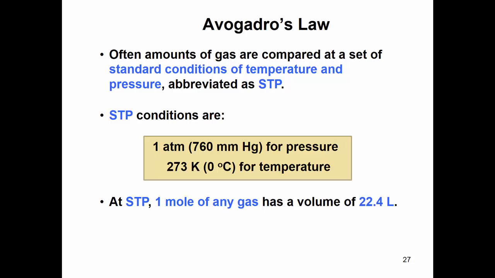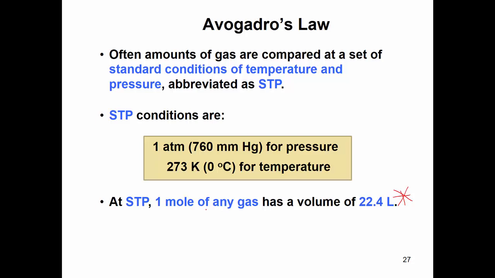If it is at STP, 1 atm and 273 K, then 1 mole of any gas, so it doesn't matter what that gas is, has a volume of 22.4 liters. This is very unique, because we have not been able to say anything about a common relationship for solids or liquids that looks like this to relate moles and volume.